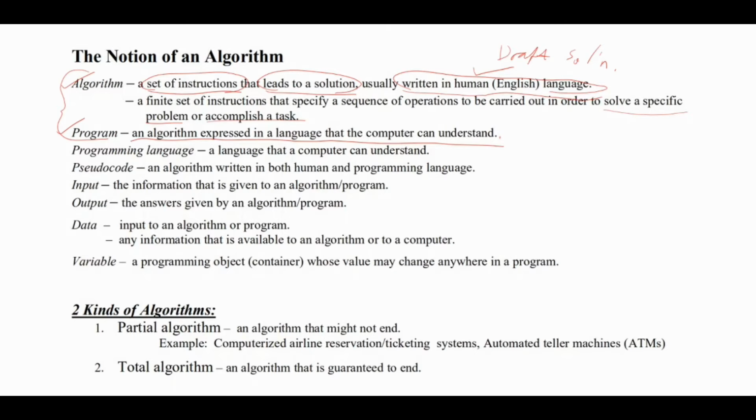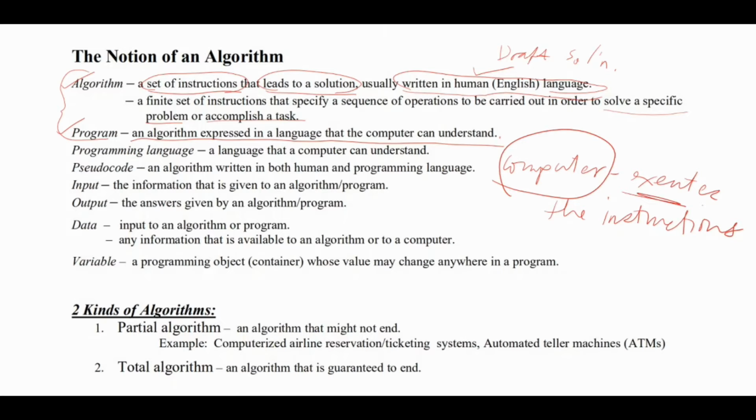Now, remember that it is the computer that executes the instructions to solve the problem or to perform the task. Then the set of instructions that solves the problem or accomplishes the task must be written in a language that the computer can understand.